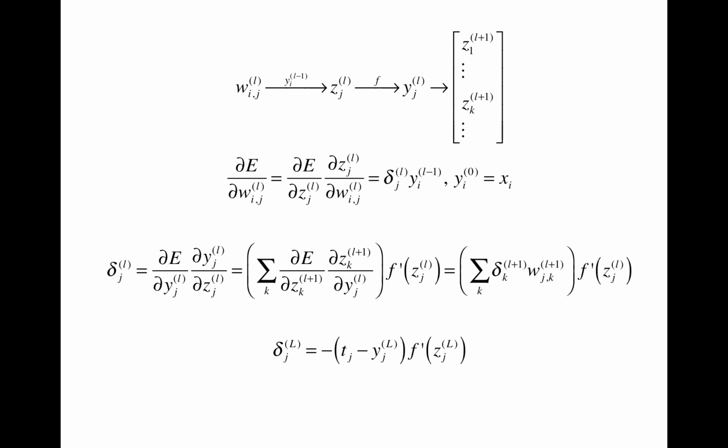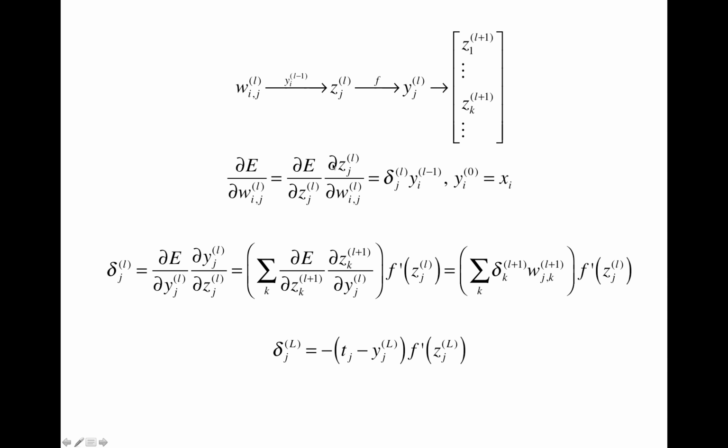The first derivative is our definition of deltas. So partial E partial the logit z^L_j is our definition of delta^L_j. And the second derivative equals what? Don't forget, W^L_ij multiplies with y^(L−1)_i and then contributes to the logit as one term in the summation that computes the logit.